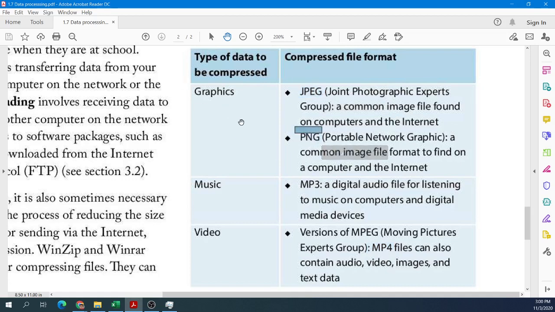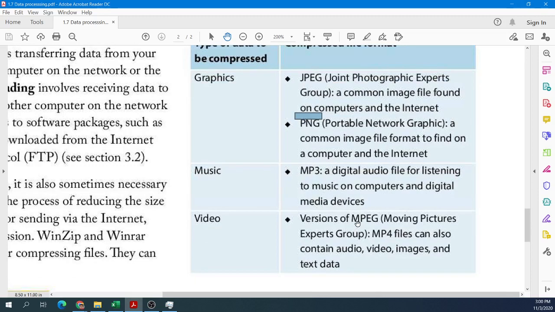There are other kinds of compressed file formats, but these are the popular ones that you would commonly find. JPEG stands for Joint Photographic Experts Group. PNG stands for Portable Network Graphic. MP3 is used for music, and MPEG or MP4 is what you will use for video.